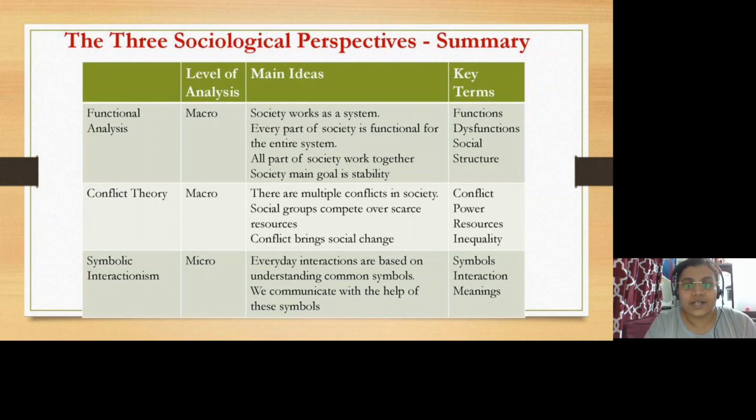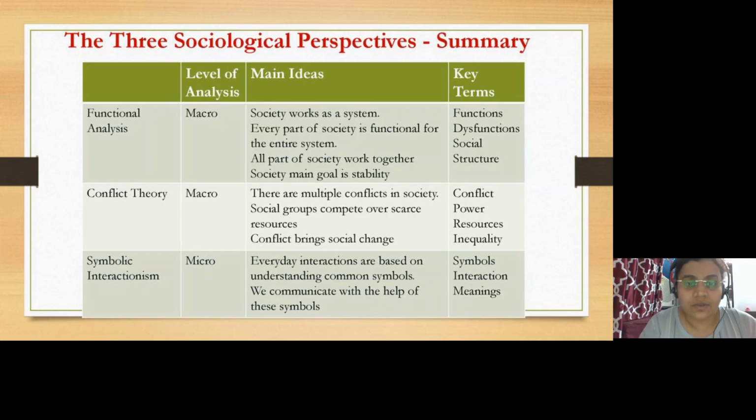Every part of society is functional for the entire system, and it works together. All the parts work together, and society's main goal is stability. They talk about the structure of the society, the bigger picture of the society.